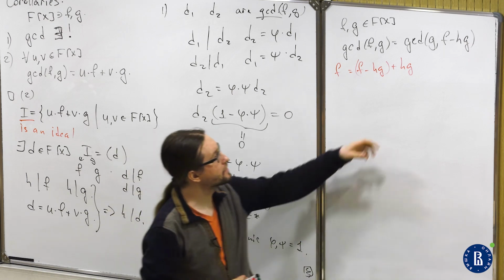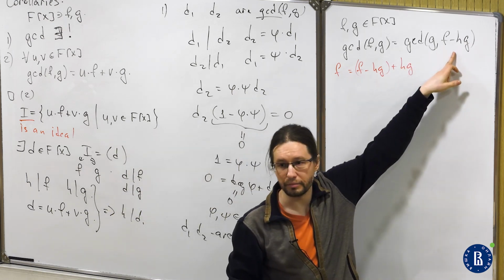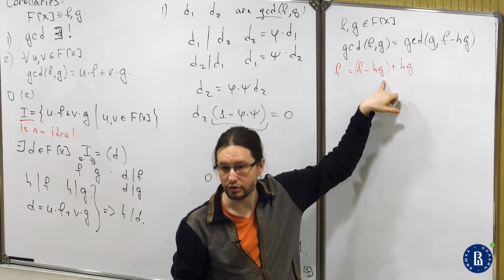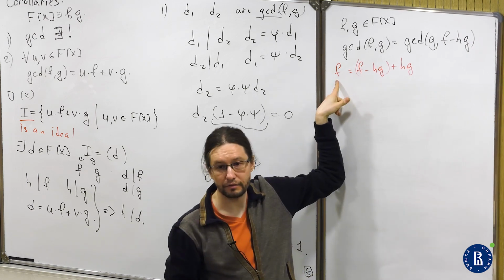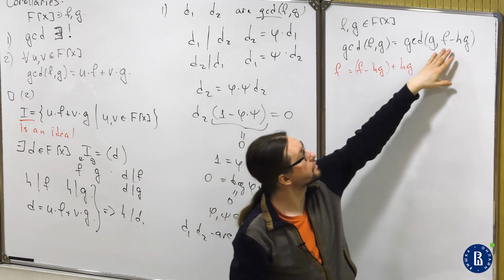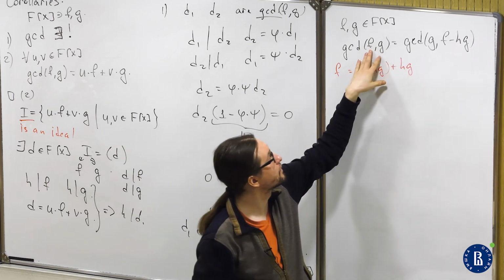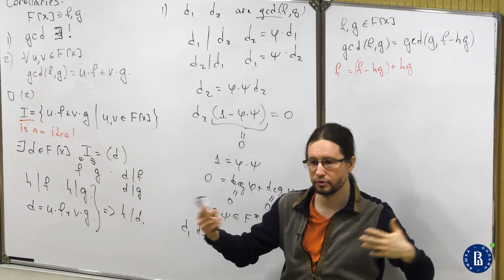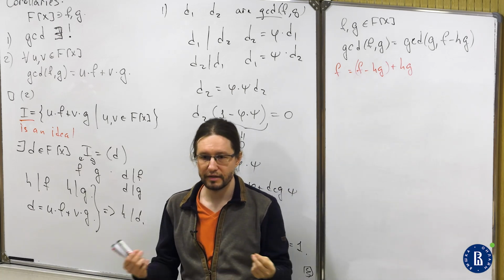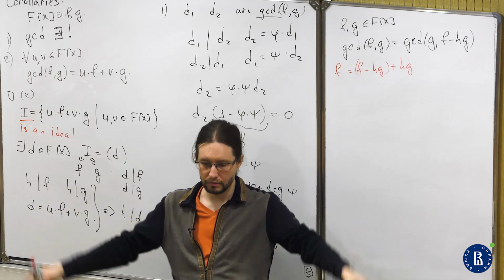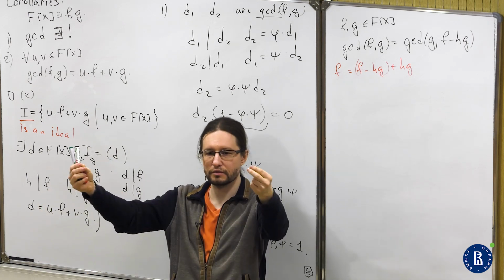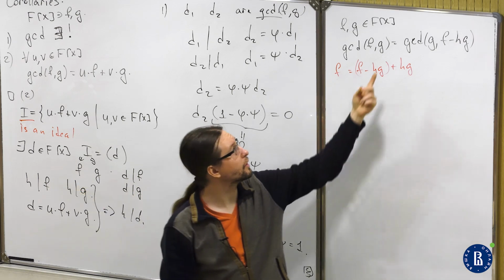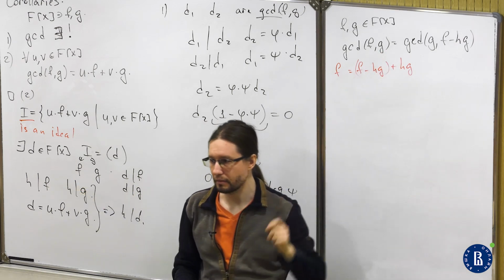So if something divides these two polynomials, then it divides hg and f minus hg. So it divides f. So the set of all divisors for these two pairs is the same. So the greatest one among the divisors is also the same. So these two GCDs are the same.